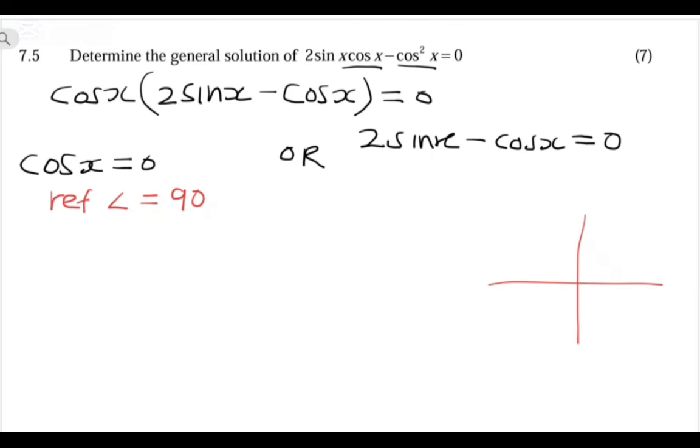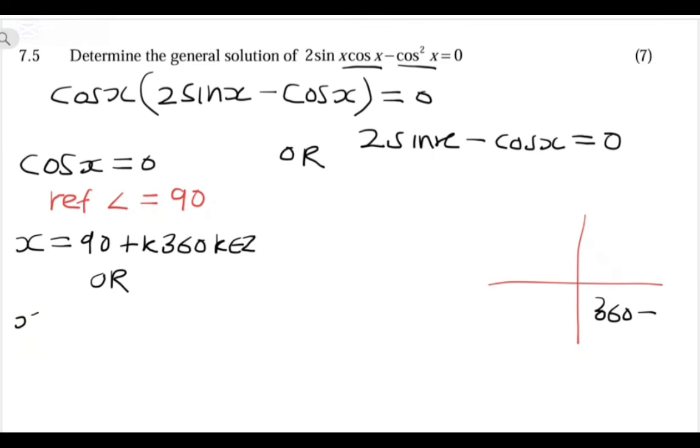So here our first general solution is going to be x equals 90 plus k 360, k an element of integers. Perfect. This is our first solution. Our second solution we find where x is positive, so x equals 360 minus the reference angle, minus 90, plus k 360.